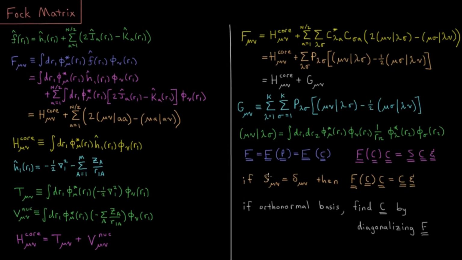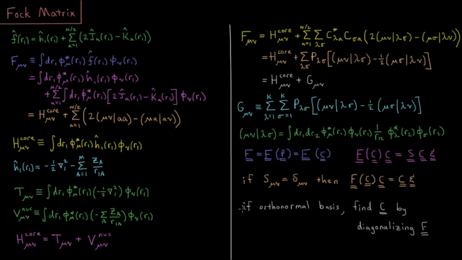If we had an overlap matrix which was just a Kronecker delta or an identity matrix, if we had an orthonormal basis set, we would have an identity matrix for S, and then we could just cancel it out, it goes away. If we have an orthonormal basis set, then we have FC equals C epsilon.